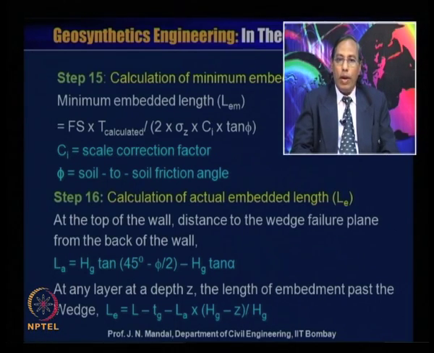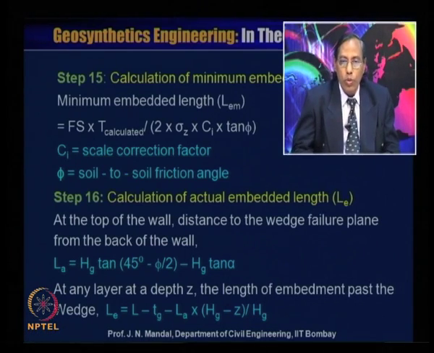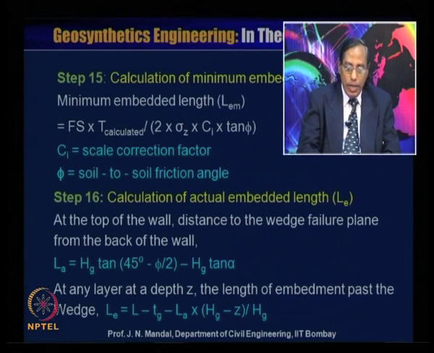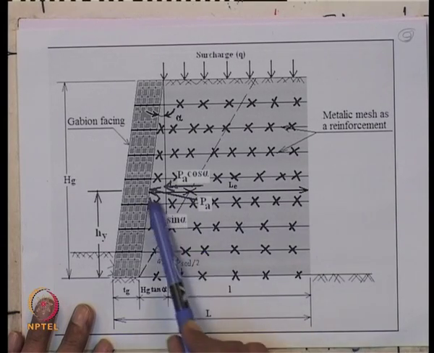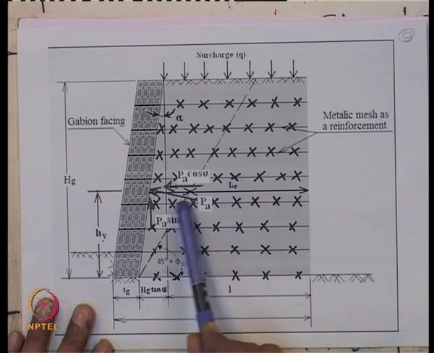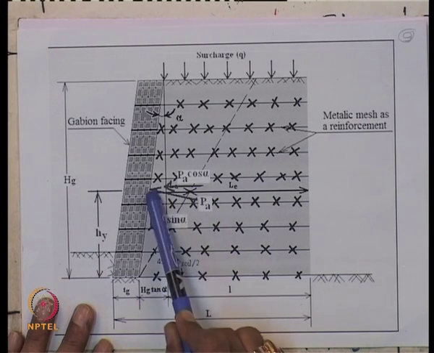Step 16, calculation of actual embedment length, that is LE. At the top of the wall, the distance to the wedge failure plane from the back of the wall, that means LA, will be equal to Hg tan of 45 degree minus phi by 2, minus Hg tan alpha. So it is like this. Suppose this is the reinforcement, this is the LE and this part is the LA.